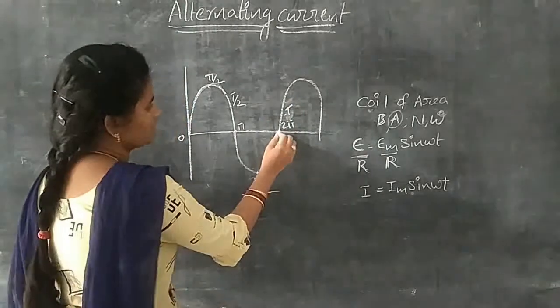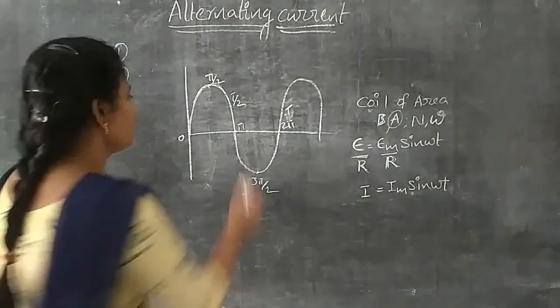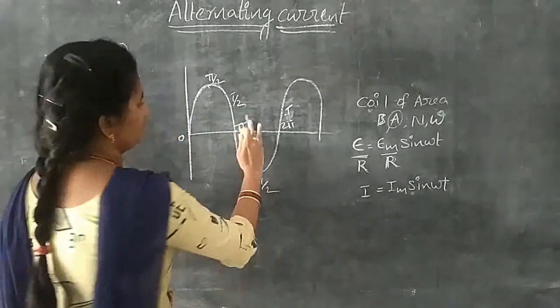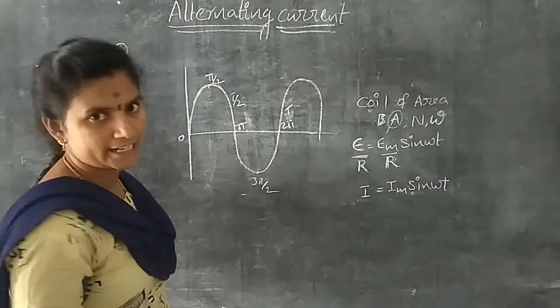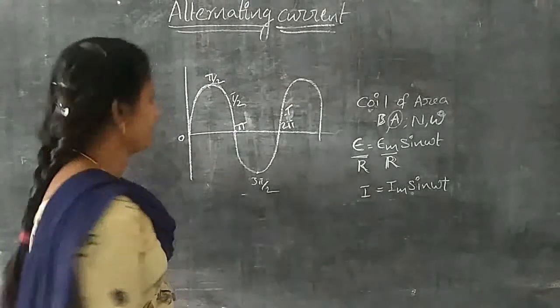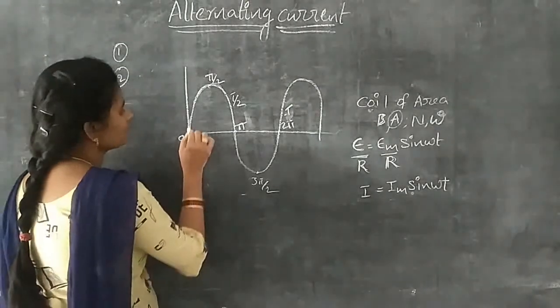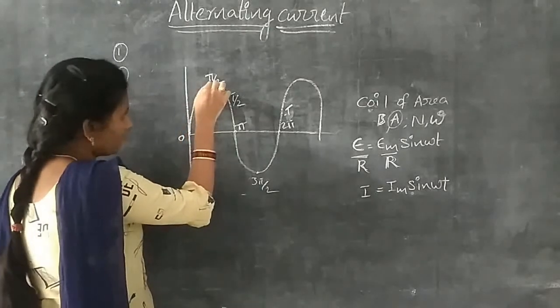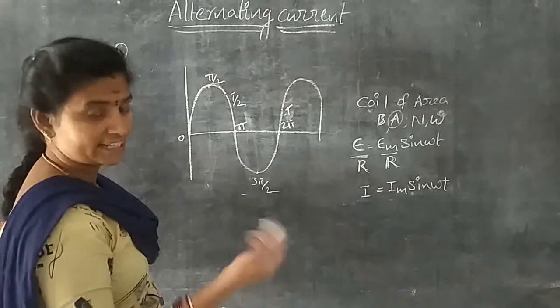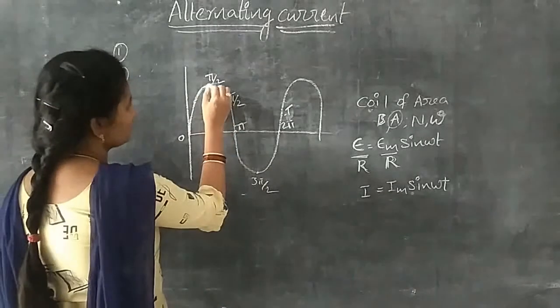So here, what is the average value of current? How can we calculate the average value of current? Here we know that this is pi by 2. Sin omega t at pi by 2 is sin 90, which means maximum.